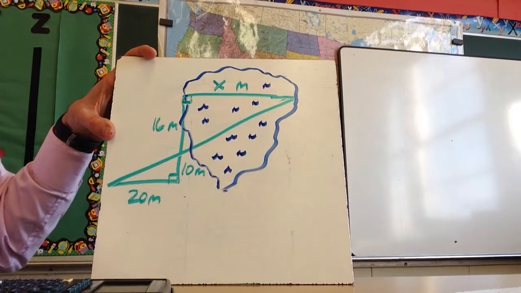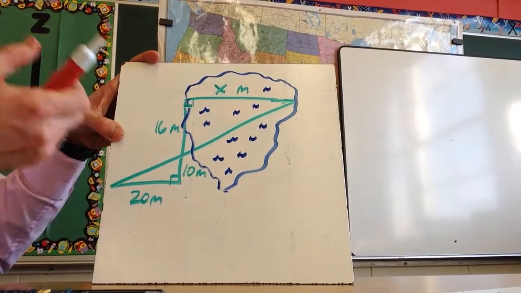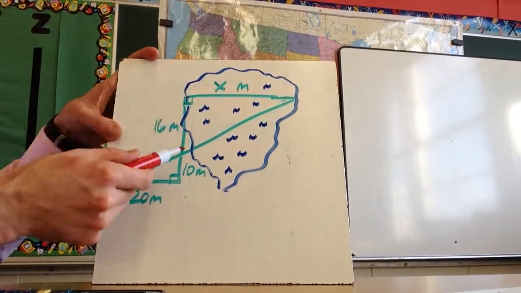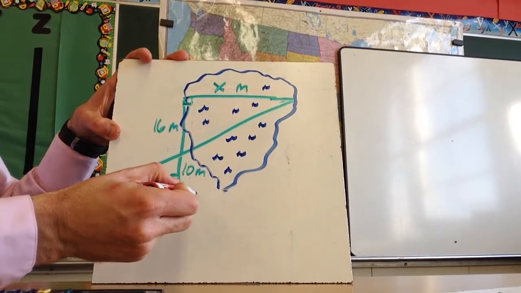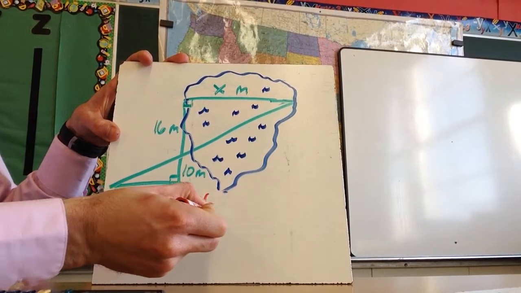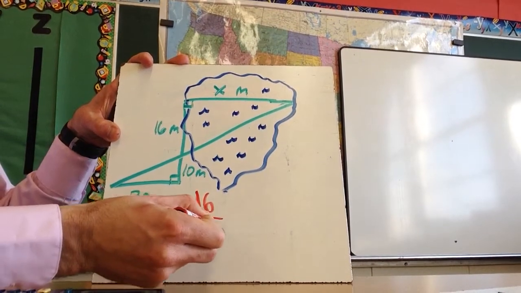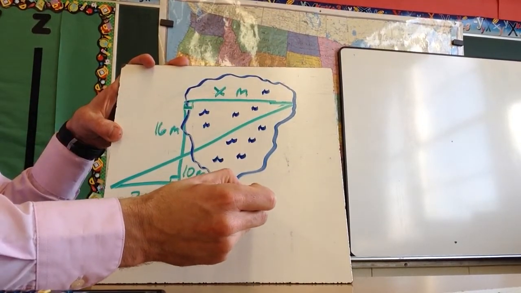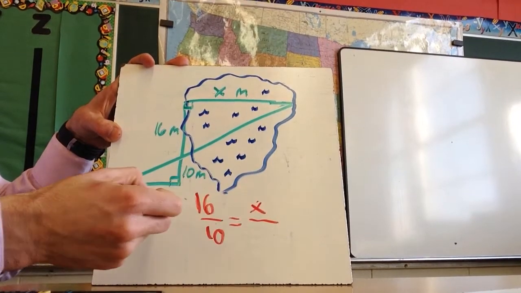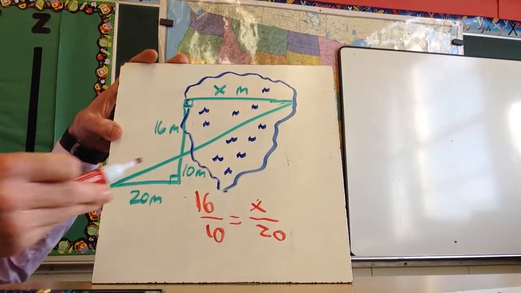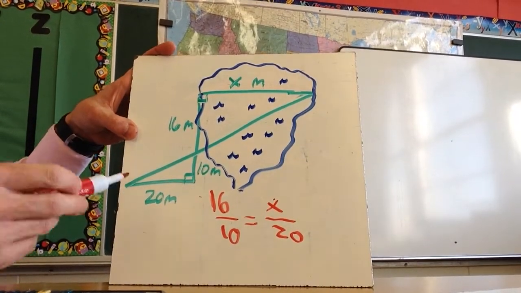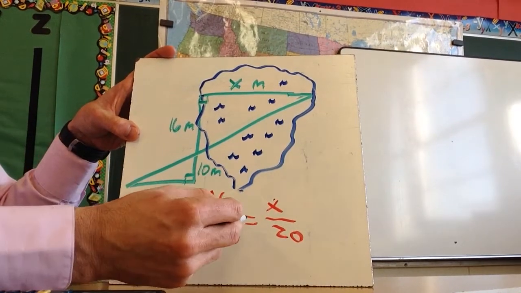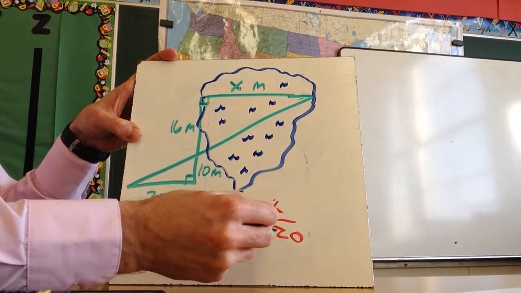And so I know one way I could solve this is I could take the, let's call this the height of the larger triangle over the height of the smaller triangle equals the base of the larger triangle over the base of the smaller triangle. Right, and from here I'm just going to solve this by cross multiplying.